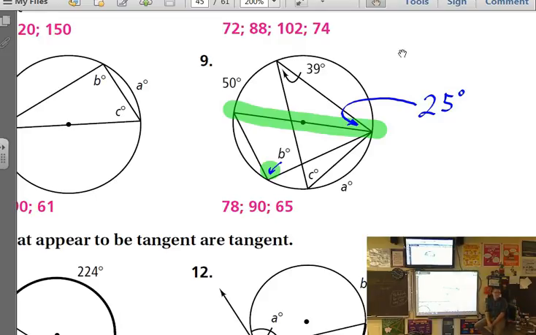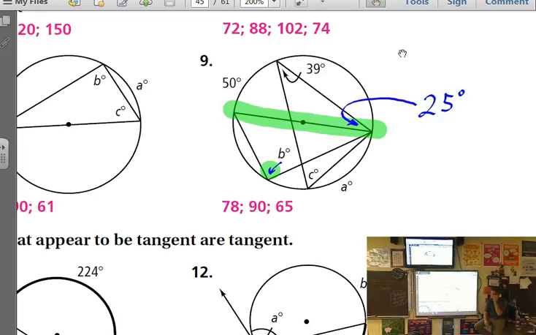The angle opposite the hypotenuse, the diameter, has to be 90. So that's how we can solve B. I just like listing the things that I know and figuring it out from there. So we know B based off a theorem. We know our 25.